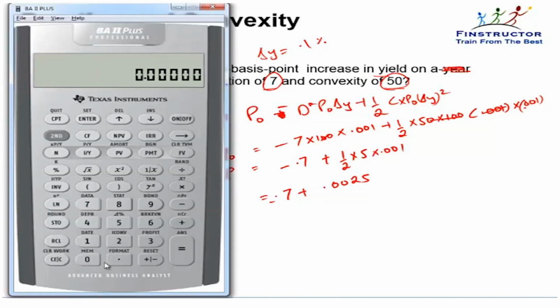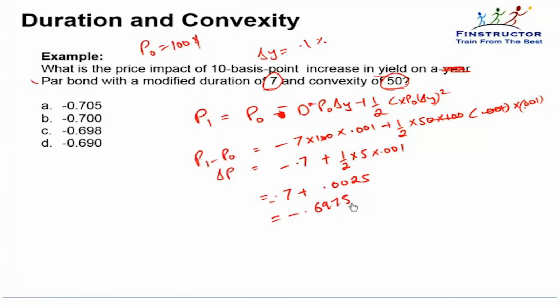We'll do minus 0.7 plus 0.0025. That will come out to be minus 0.6975. So our best guess amongst the choices would be option C, that is minus 0.698.